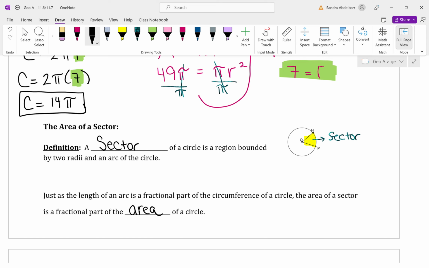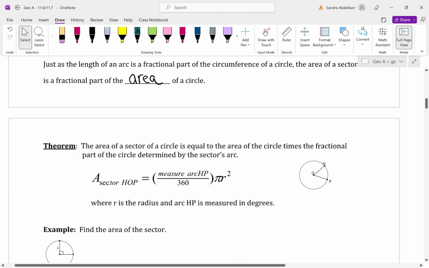Pi r squared. But if I don't want the full area of the circle, I just want this sector. I just want this area right here that I shaded in yellow. Well, isn't this area in yellow a fractional part of the full circle? Right, so if I know what fractional part, let's say it's 1/4 of the circle. If it's 1/4 of the circle, wouldn't it be 1/4 of the area? And that's what we're going to do. We'll find the full area and find the fractional part and then take that fractional part of the area. That's how we do it.